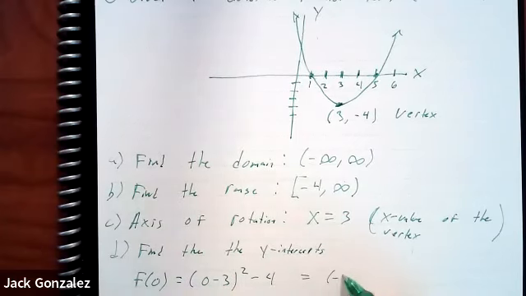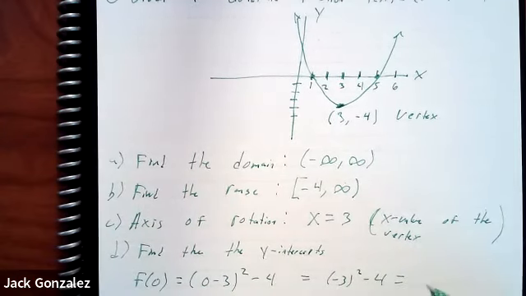So that'll be -3 squared minus 4, which is, what is that? 5? I think so.